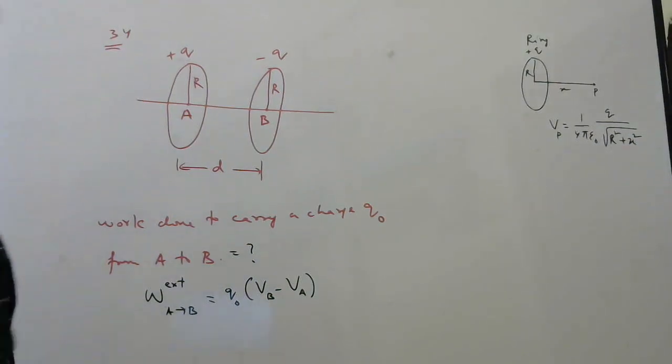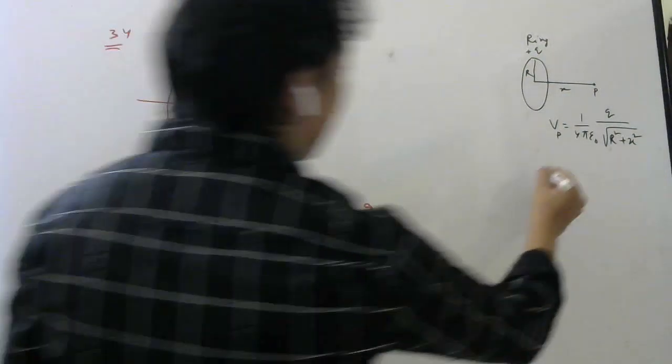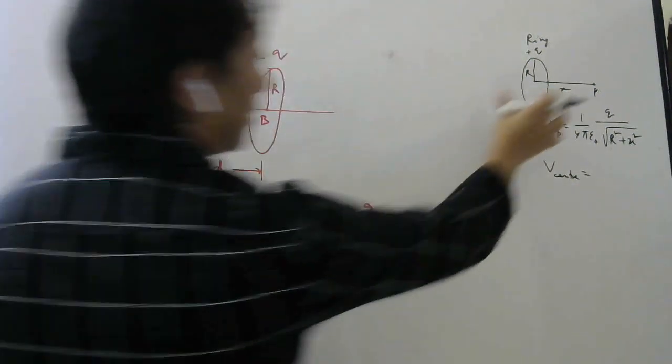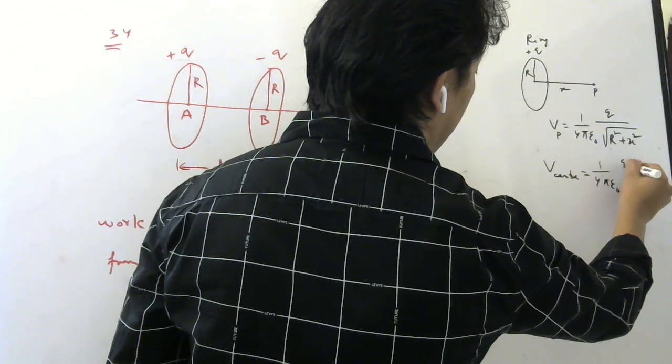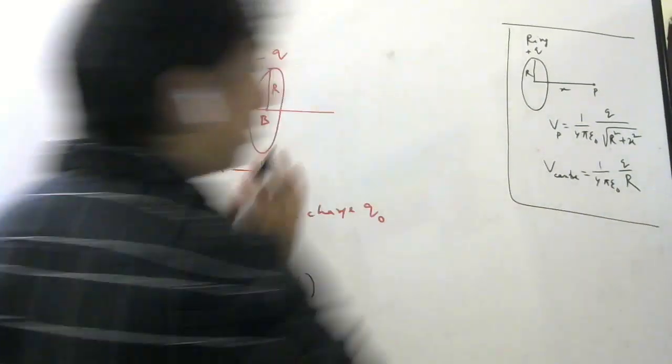So please check the formula, okay? And at the center, what is your x? 0. So the formula will be 1 by 4 pi epsilon naught Q by r. This you have to remember in order to solve this problem.